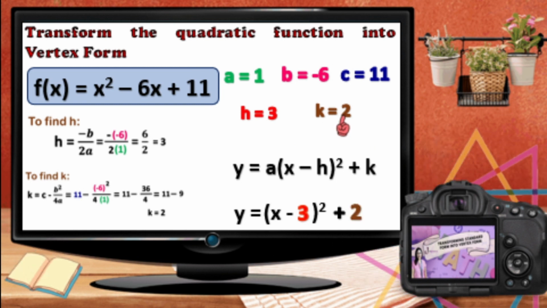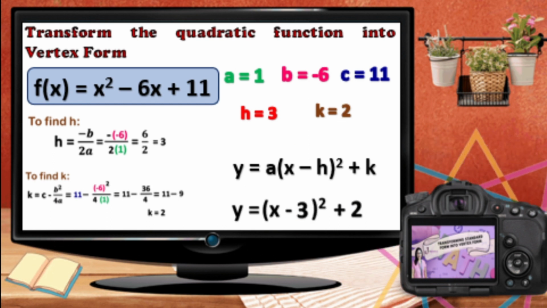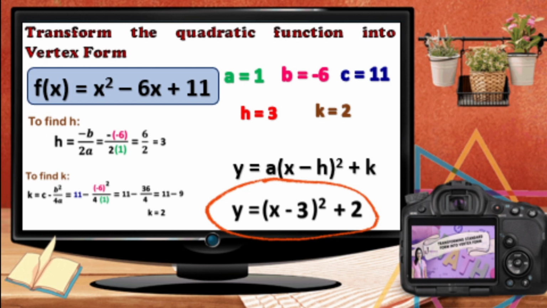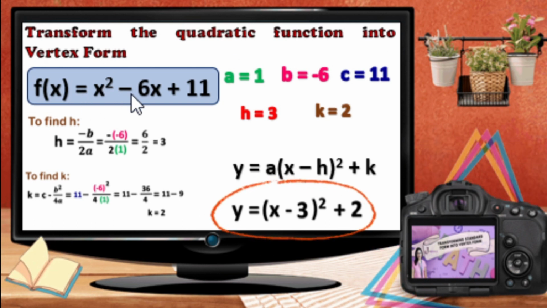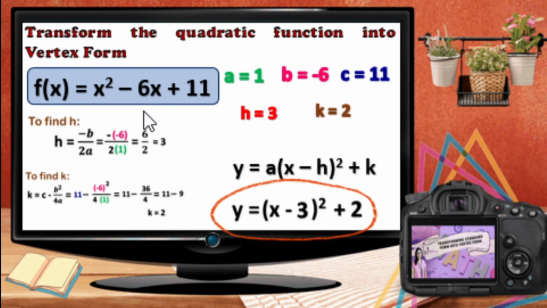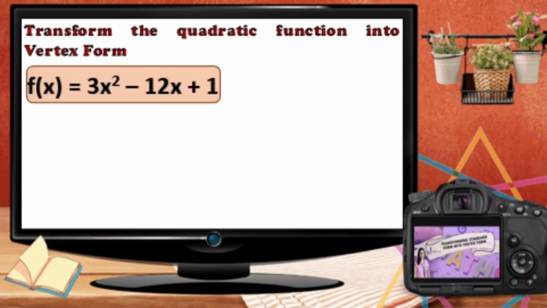Therefore, plus 2. So our vertex form is y is equal to quantity x minus 3 squared plus 2. That is the vertex form of our function x squared minus 6x plus 11.